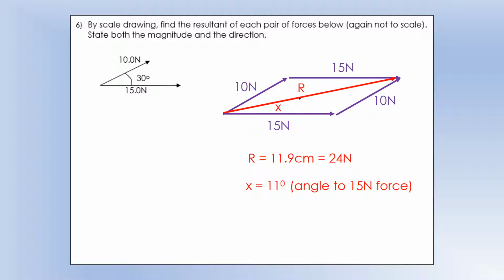So I've got R is 11.9 centimeters, and I did every centimeter is 2 newtons as part of my diagram. So that gives us 24 newtons. And then we've got X is 11 degrees to the 15 newton force. I just used a protractor to measure it.